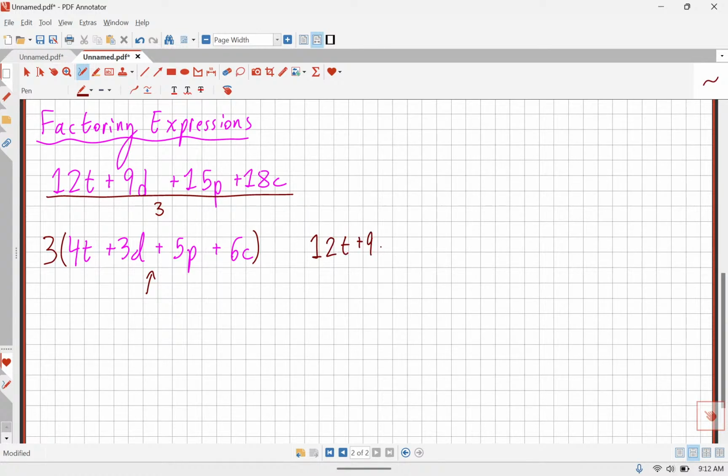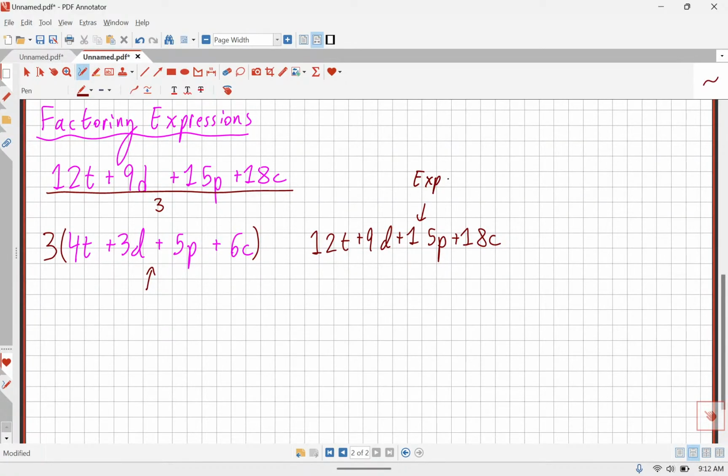12t plus 9d plus 15p plus 18c. Maybe you use different variables, and that's totally cool. This right here is what we call expanded form. That's like there's no parentheses and all my like terms are combined, okay?